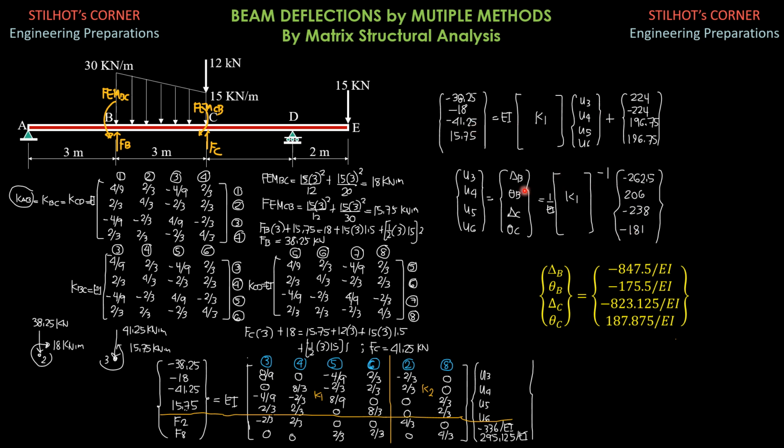Since U3, U4, U5, U6 are respectively delta B, theta B, delta C, and theta C, we can now compute that with your high-tech calculator. So delta B is negative 847.5 over EI, theta B negative 175.5 over EI, delta C negative 823.125 over EI, and theta C 187.875 over EI. So that's it for this video.